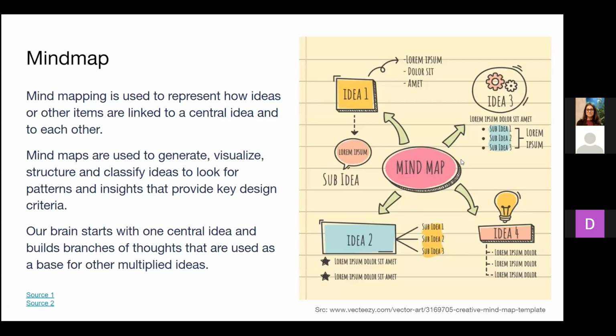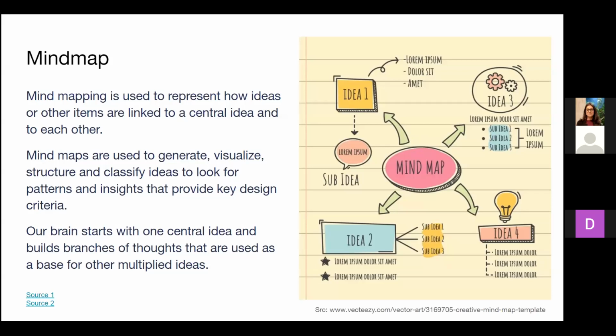Basically, as we already have certain previous experiences and knowledge, when we start thinking about a topic, that topic branches into certain subtopics, and those subtopics are also often branched into further subtopics. This is the natural way in which our brain thinks, and a mind map leverages that natural thinking process of the brain.